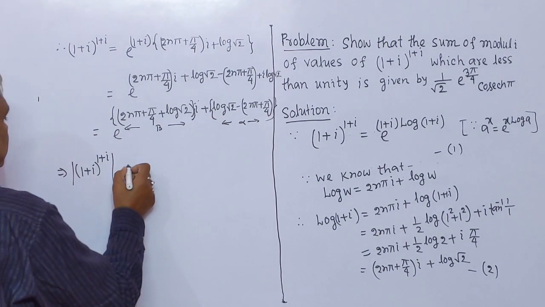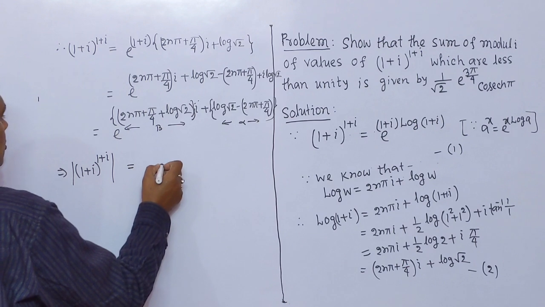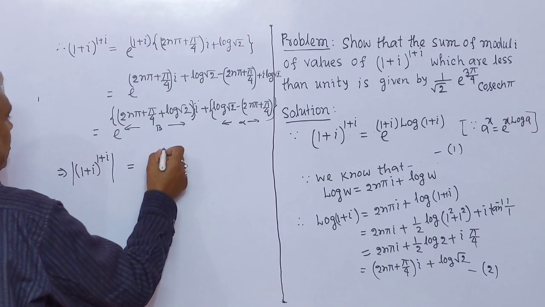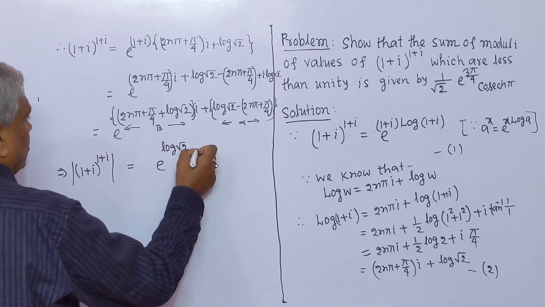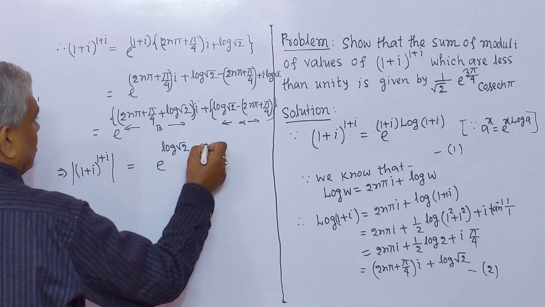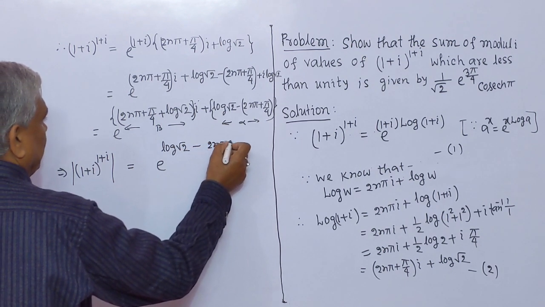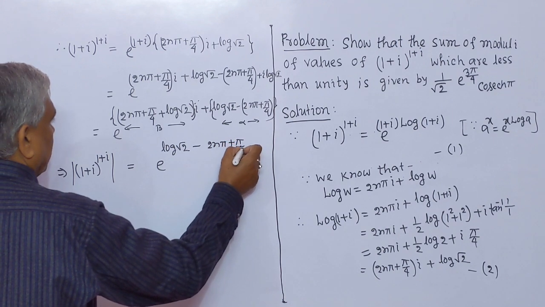So this is equal to e to the power (log square root 2 minus (2n pi plus pi by 4)).